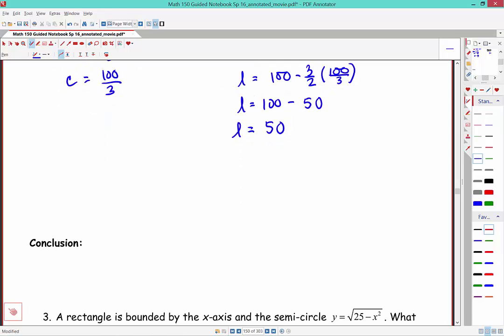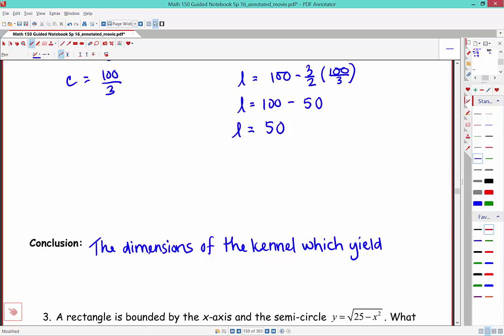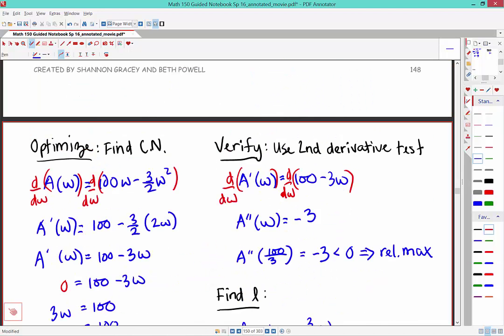So putting that all together, the dimensions of the kennel which yield the maximum area are 50 by 100/3, and I think that was in feet, wasn't it?